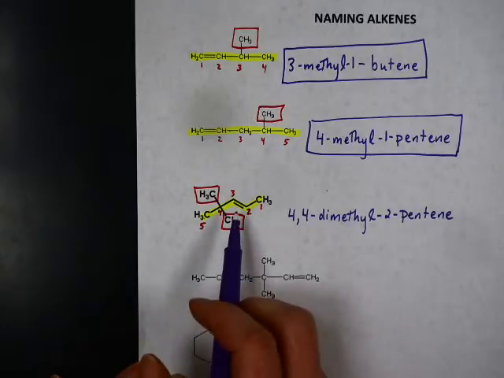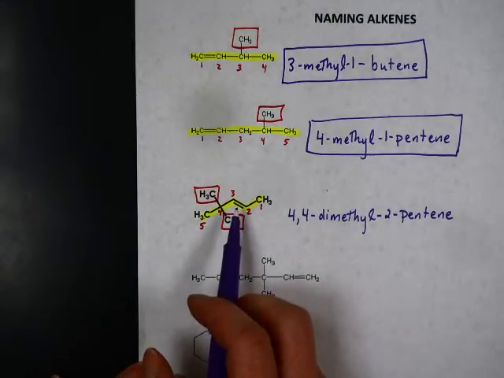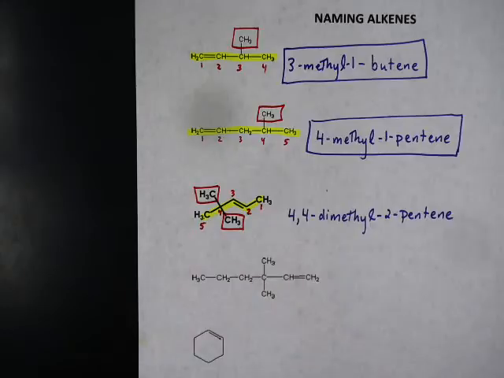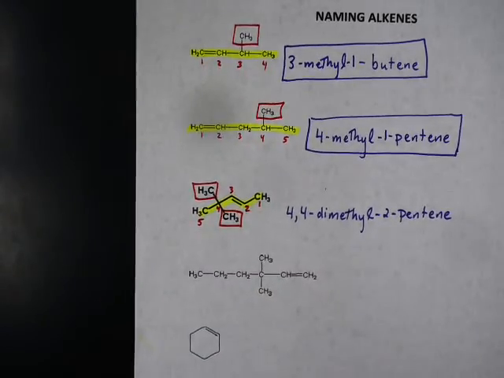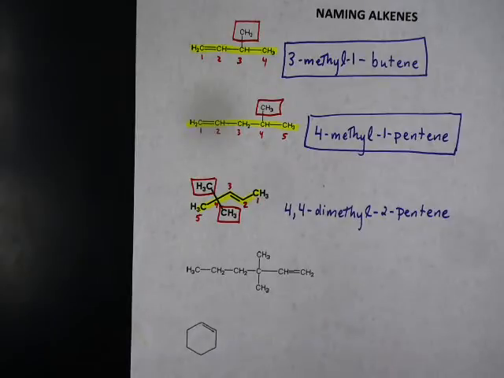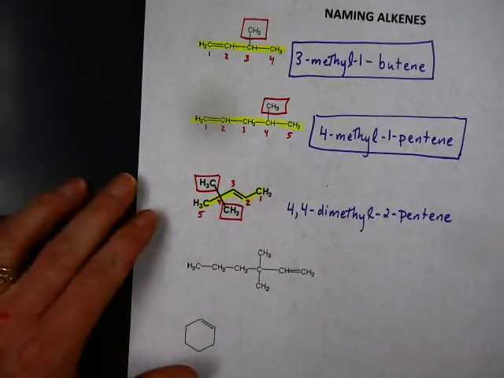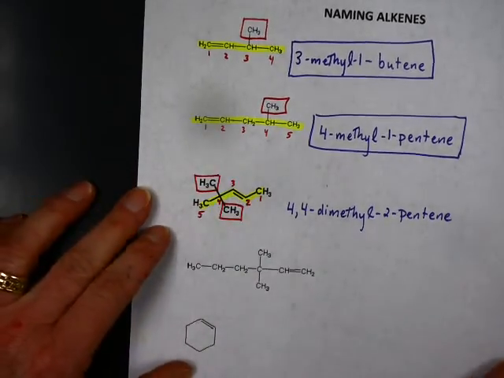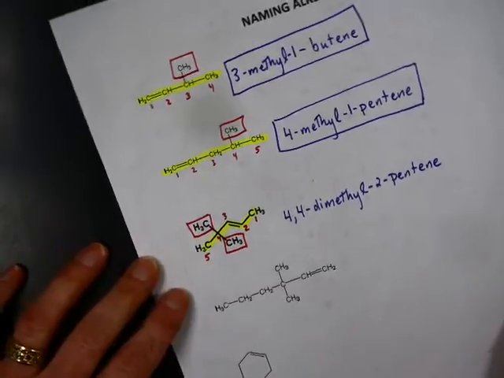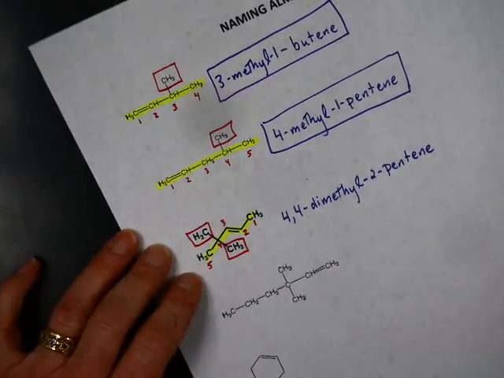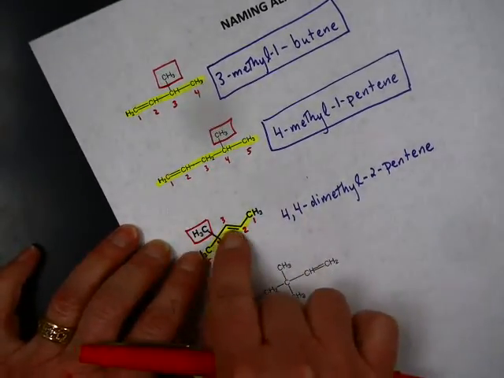As soon as you see this double bond, you say, oh, be on the lookout for cis and trans. The molecule won't always be drawn in a way that you can determine if it's cis or trans, but you always have to check. And sure enough, I look at this, and again, just like last time, if you want to, turn the paper just a little bit sideways so that this is kind of straight across.